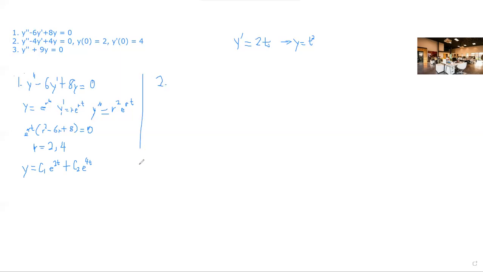So here's the second one. y prime prime minus 4y prime plus 4y equals 0.